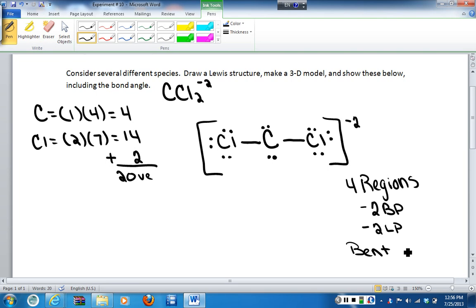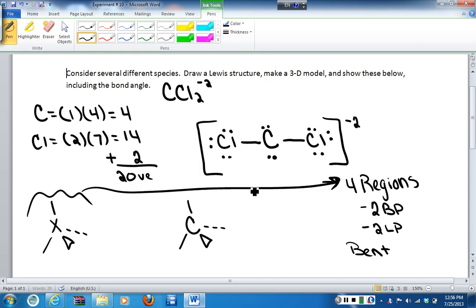Now, I know that any molecule with 4 regions around the central atom is going to have the overall bonding structure like this. Now, for this particular molecule, we would have carbon, 2 bonds in plane, 1 coming out, 1 going behind. So regardless of what type, we know that if you have 4 regions, this is the general structure that you're going to see when you generate the 3D molecule.